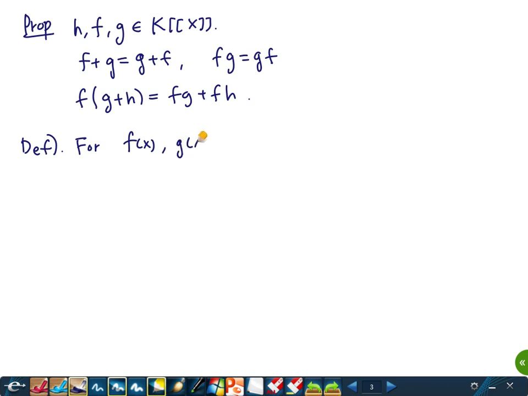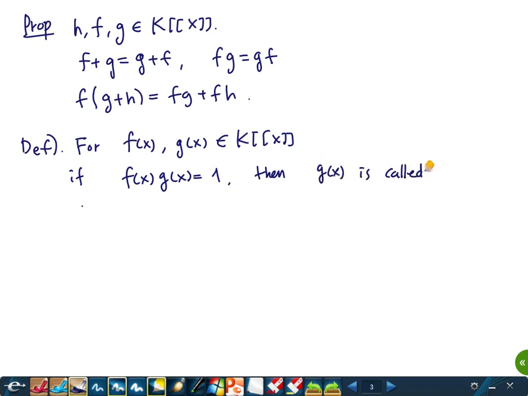For f of x and g of x, both in this formal power series, if f of x times g of x equals 1, then g of x is called the inverse of f of x, and denoted g of x equals f of x inverse.